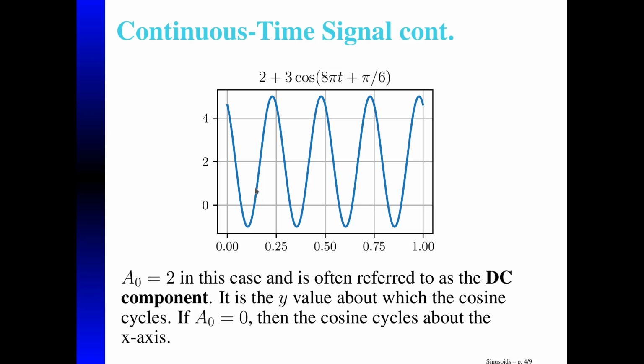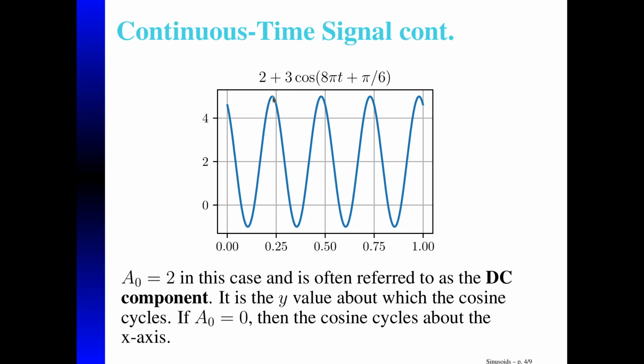So let's look at this signal here: 2 plus 3 times cosine of 8 pi t plus pi over 6. a naught here is the 2, and it's often referred to as the DC component. It is the amplitude, or the y value, about which the cosine cycles. Notice this is sort of the midpoint.